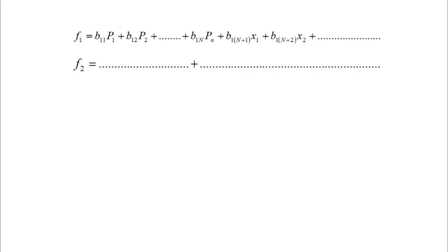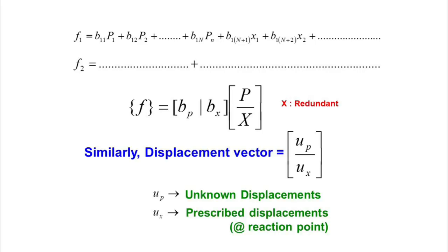So now we have a modified B matrix at our disposal. That is, when we express the internal forces in terms of the product of the B matrix and the external forces, we have two components of the B matrix, one for the prescribed forces P and the other for the unknown redundants X. Similarly, we have the addition in the case of the displacement vector also.